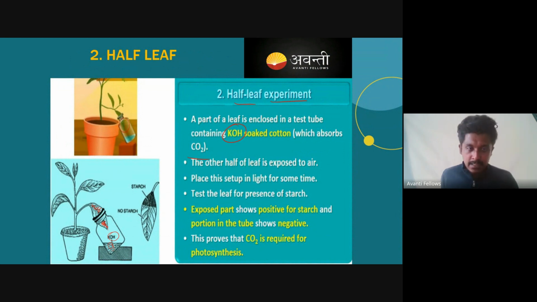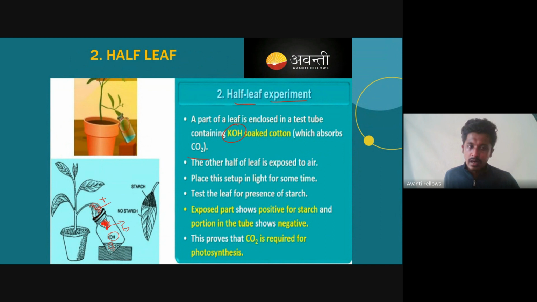KOH absorbs all the carbon dioxide, so there is no photosynthesis or production of food happening inside. The portion exposed to the normal carbon dioxide starts producing starch. So this one tests positive for starch, and the one inside will test negative.